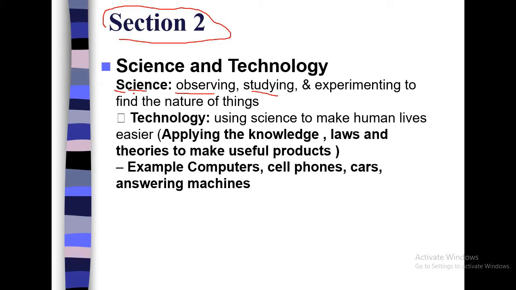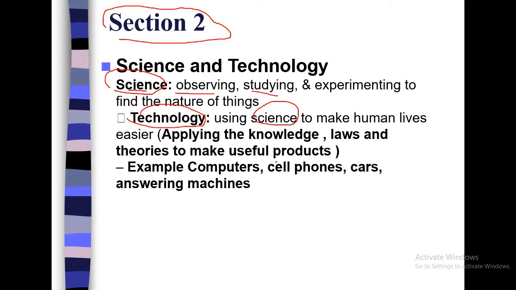Science mainly uses technology. Technology means using science to make human life easier, applying knowledge, laws and theories to make useful products.